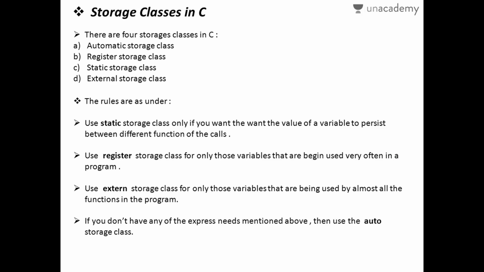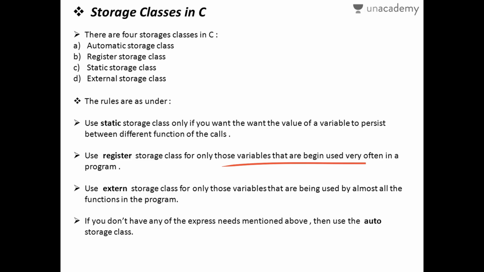Storage in C. There are basically 4 types of storage classes in C: automatic, register, static, and external. Automatic always stores, like you write a code, it is automatically stored. Register says that using this register storage will only store that particular data into a register. And as we discussed here, the static storage class is used only if you want the value to be present between functions, whereas register is for those variables that are used very often in a program.